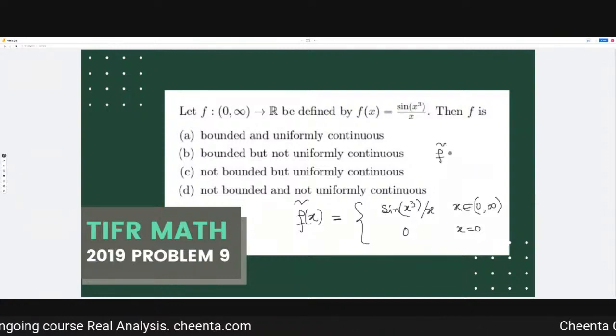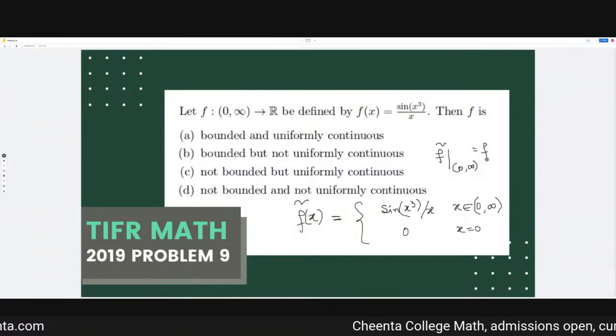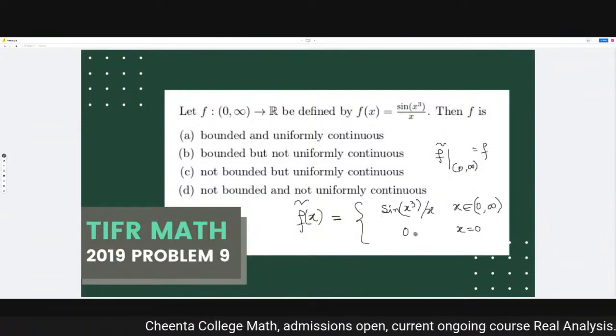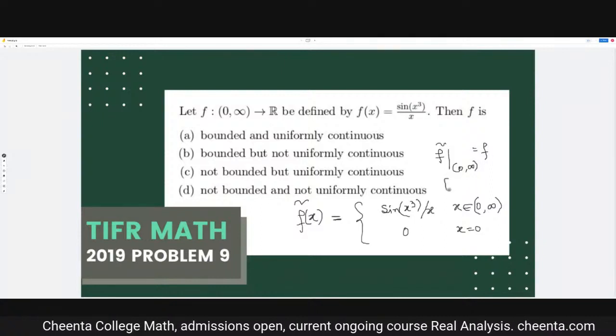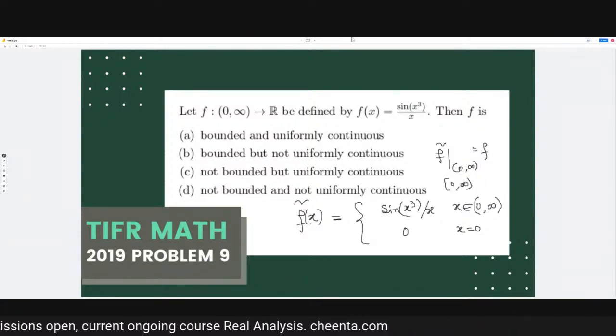If you look at it, f tilde restricted to (0, infinity) is nothing but f, right? And f tilde is also continuous on the closed interval [0, infinity). This is pretty clear, right?